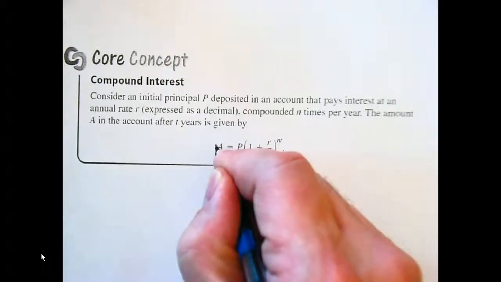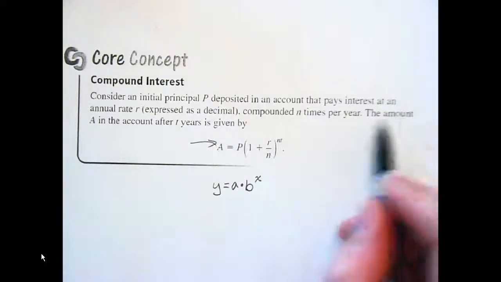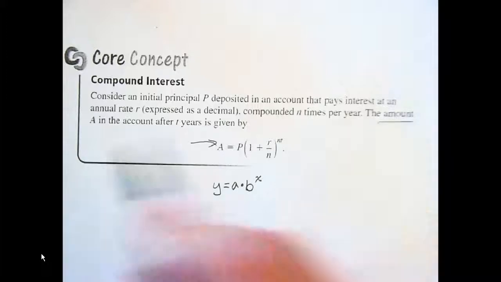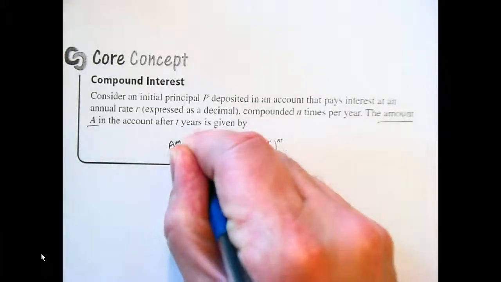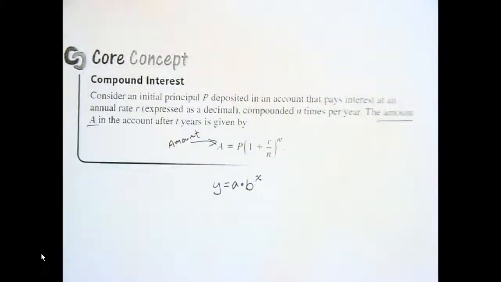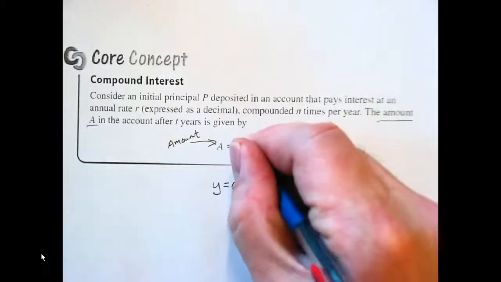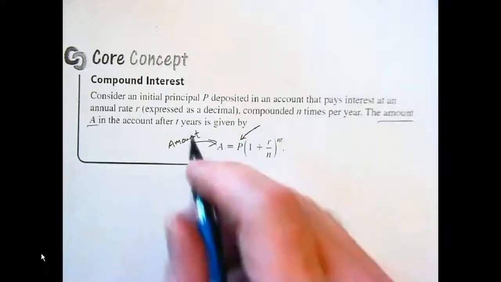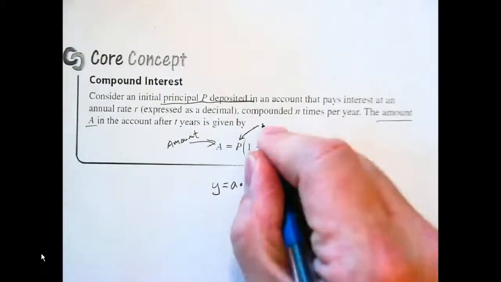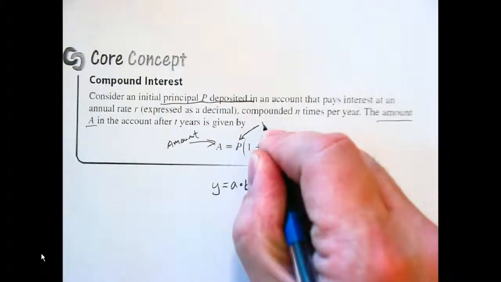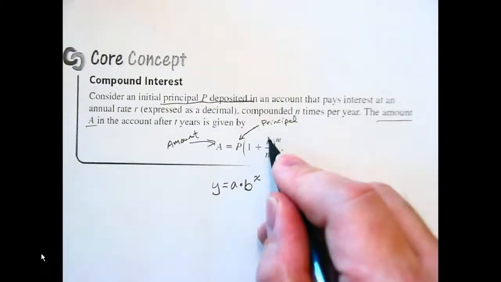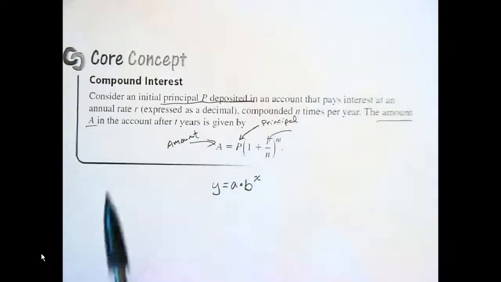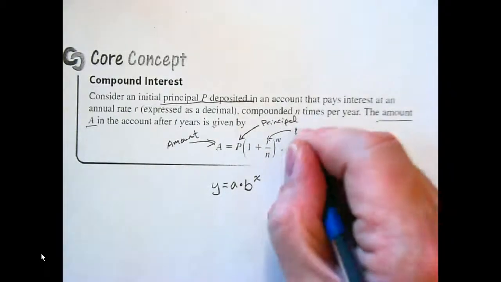This a and this a, by the way, are different. This a stands for the amount. Here we're dealing specifically with money. P stands for principal, the principal deposited, the amount initially deposited. This r stands for our annual rate, our annual interest rate.